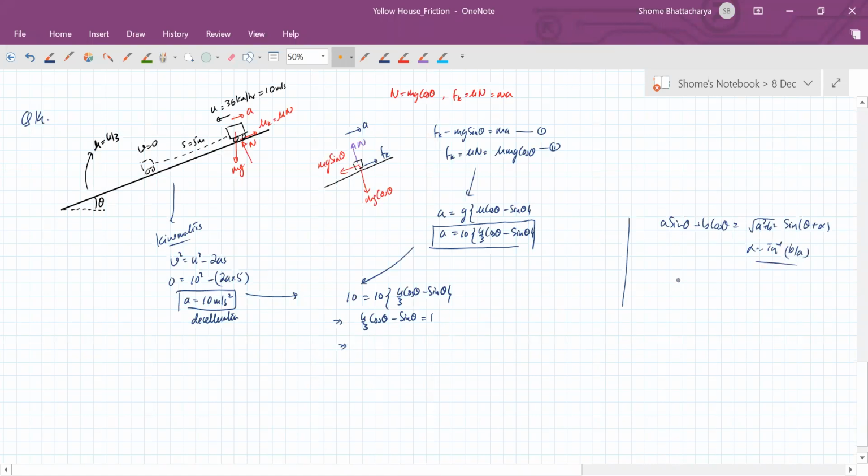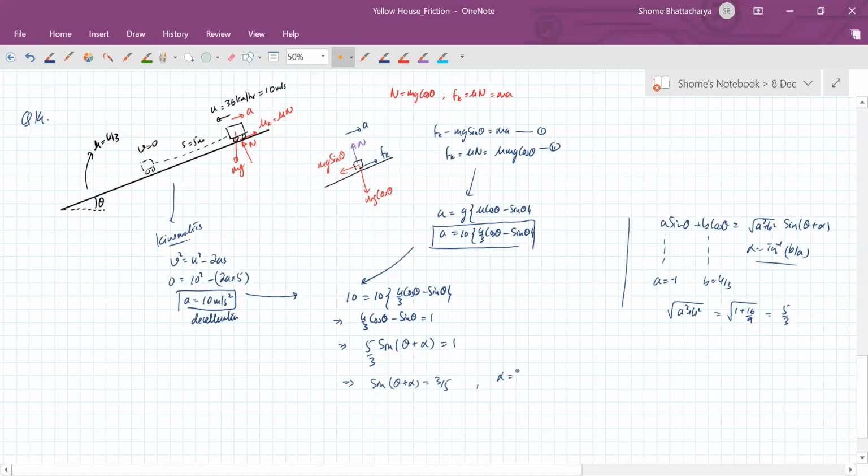So here a is minus 1 and b is 4 by 3. So square root of a square plus b square is how much? 5 by 3. So this can be written as 5 by 3 into sine of theta plus alpha is 1. So sine of theta plus alpha is 3 by 5, where alpha is basically how much?